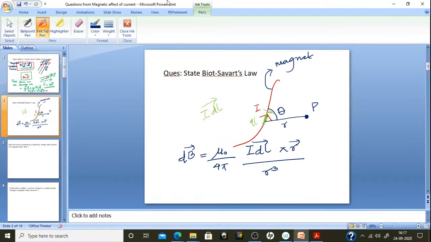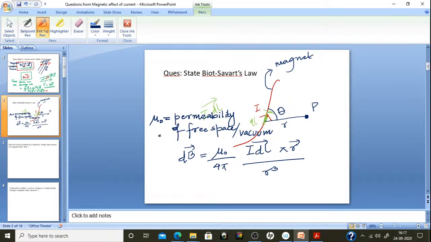Mu naught is a constant. It is called the permeability of free space or vacuum.